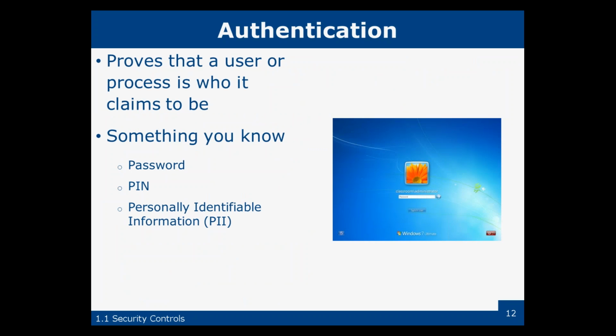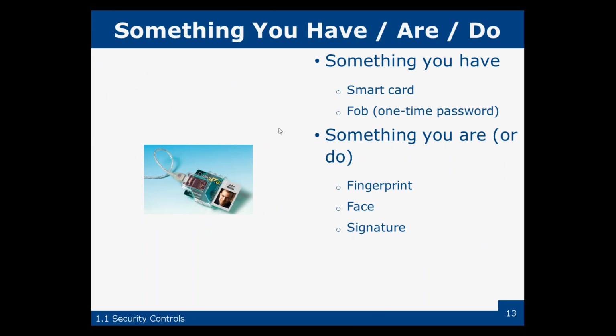So authentication, we talked about this already, proves that a user or a process is who it or he or she claims to be. And authentication can be three different things: something you know, something you have, or something you are. Something you know: password, PIN, personal identifiable information. They talk about birthday or whatever else that somebody may ask you in order to identify yourself, to authenticate what's going on.